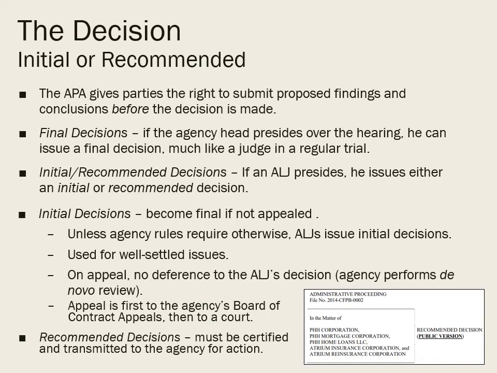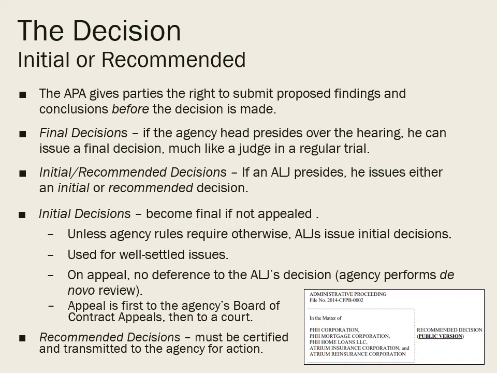Before the ALJ issues a decision, he or she can hear from both parties on how they think the decision should shake out. In an agency adjudication, the decision is only final if the agency head presides over the hearing or issues the decision, and that is very rare. So the vast majority of agency adjudications end with initial or recommended decisions.